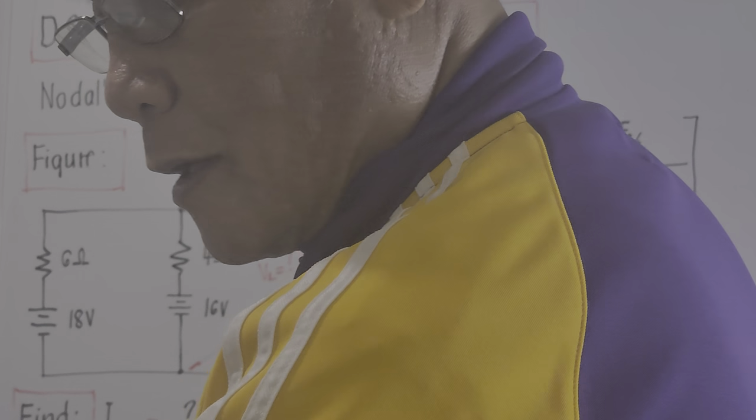The given problem, I just give you the figure. For this morning, the problem is simpler than the last time around, because I just give you 2 voltage sources: an 18 volts and a 16 volts. Their internal resistances are 6 ohms for the 18 volts and 4 ohms for the 16 volts.